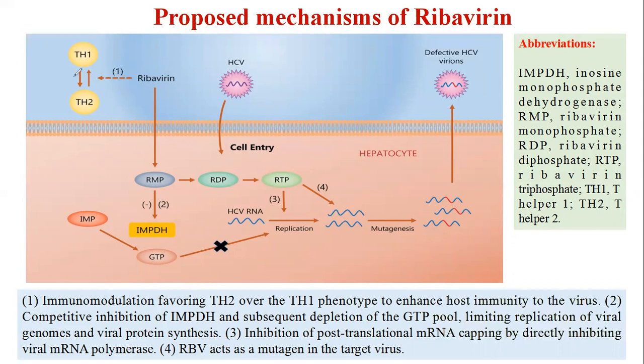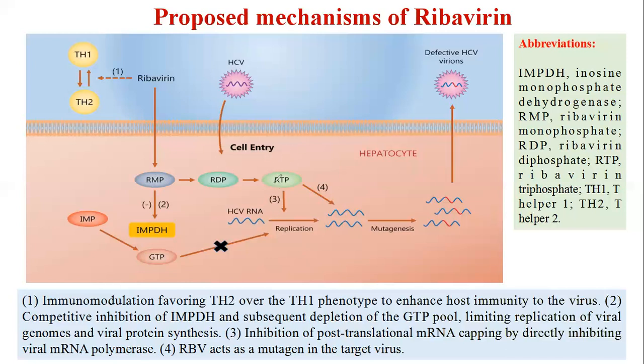Ribavirin either favors, via immunomodulation, T helper 2 cells over T helper 1 cells and enhances host immunity to the virus, or else it enters the cell and, utilizing the thymidine kinase of HCV and then the host cell kinases, is converted into ribavirin monophosphate, then diphosphate and triphosphate.